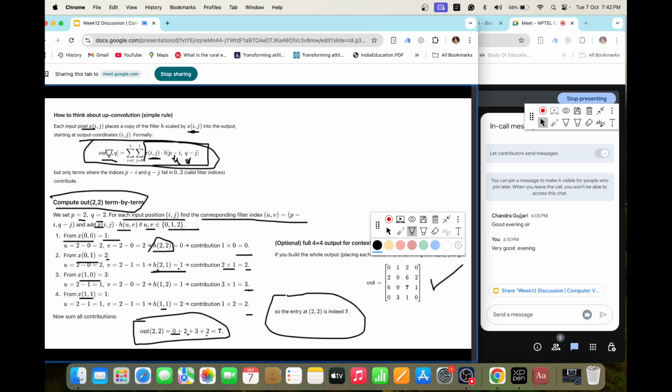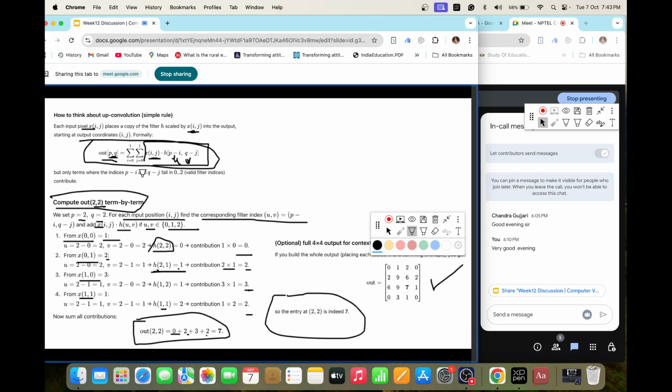The p, q are nothing but indexing, i, j are nothing but indexing, and p minus i, q minus j are also indexing. So p will be equal to 2 and q will also be equal to 2. Then you just multiply x i j into h p minus i, q minus j.